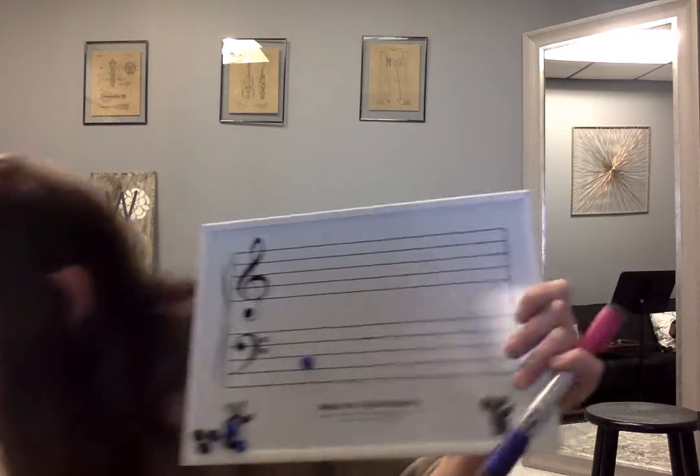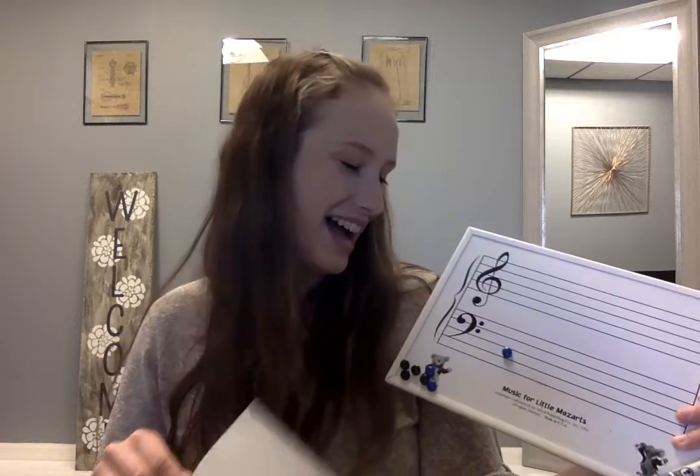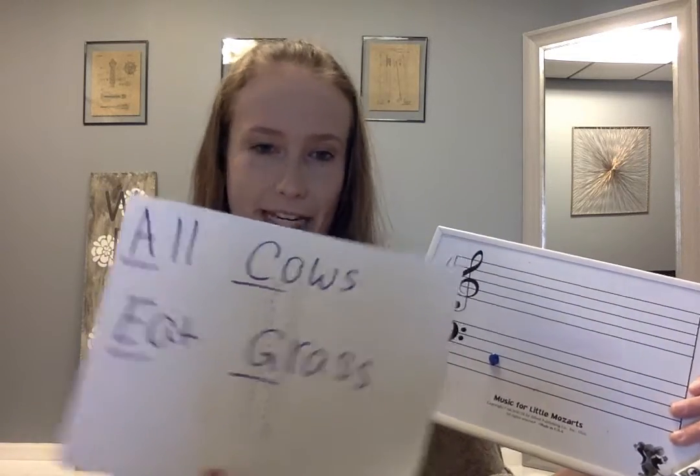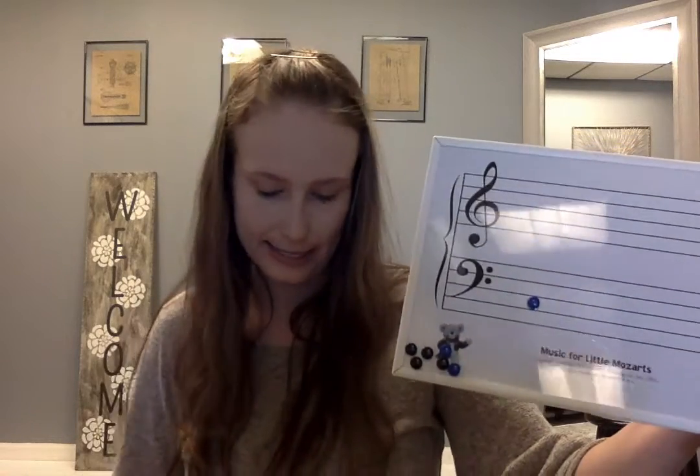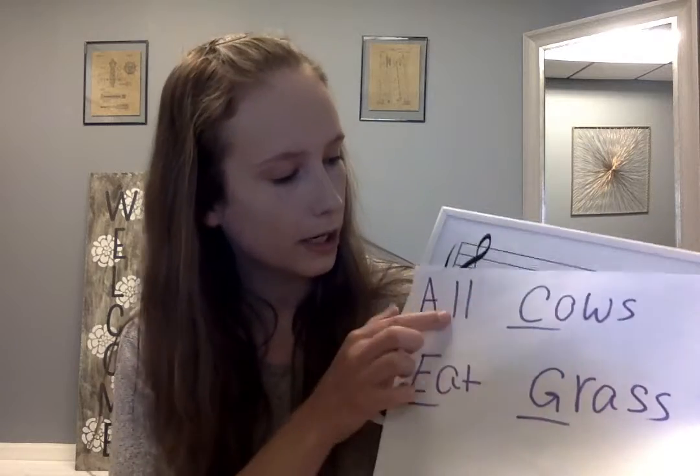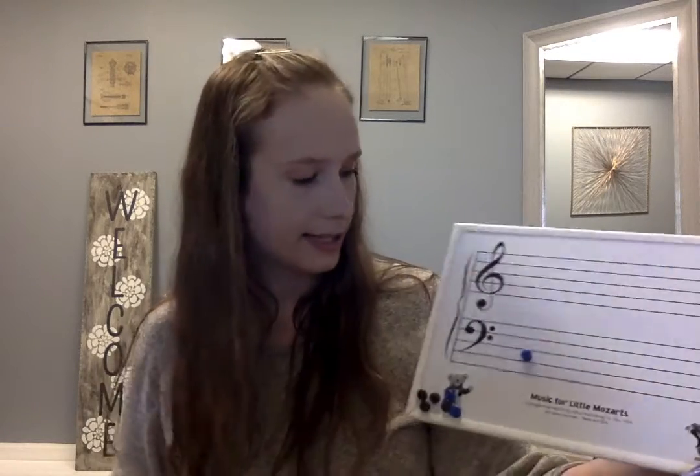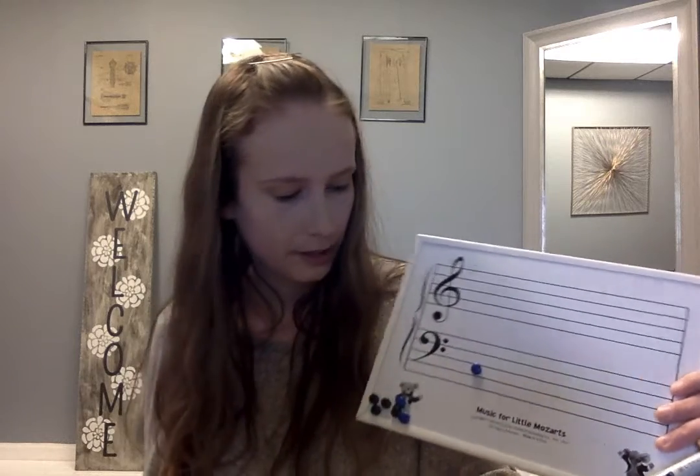And so we have to figure out our space sentence. And so that one is all cows eat grass. And we're on the second space. And our second word is cows, which is C. And so that's the letter C.